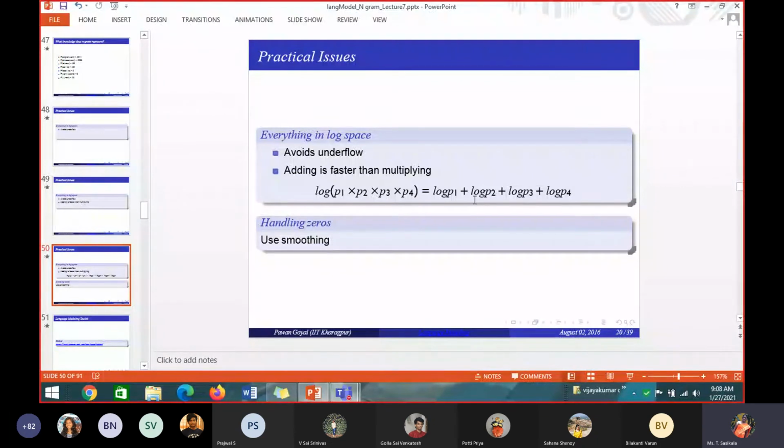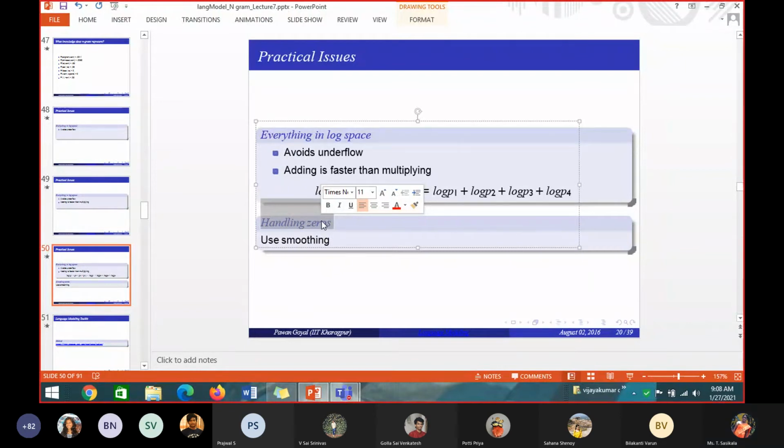We will be having another issue also. When you are multiplying all this probability, we will be having handling zeros. Can you tell me what is handling zero? How to handle zero? Can you tell me what issues I'll be having if I am multiplying all the bigram probabilities?